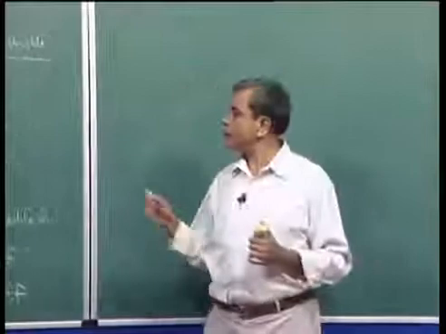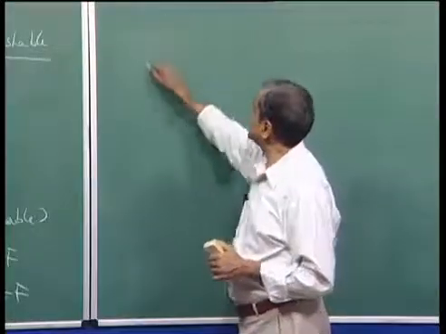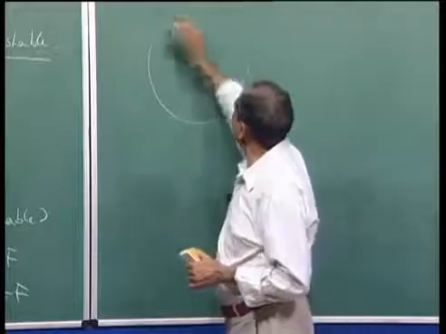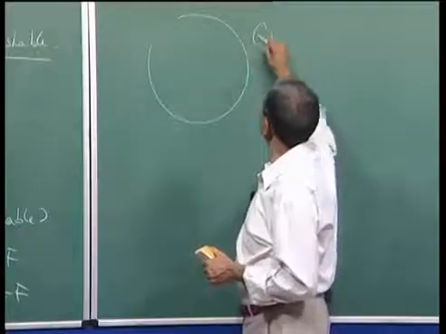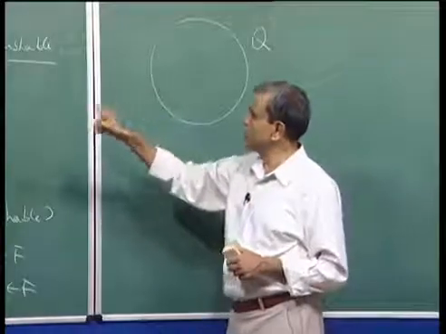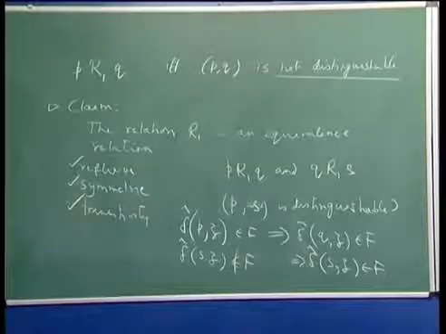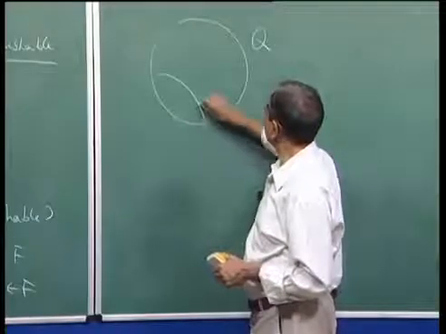So, now what we do is, given the set of states, we use this relation R1 to partition the set of states.